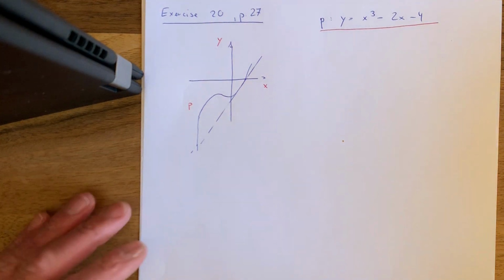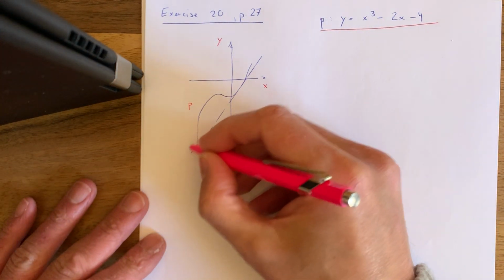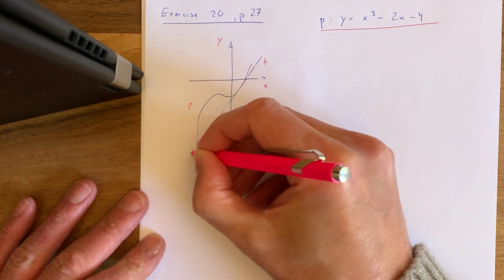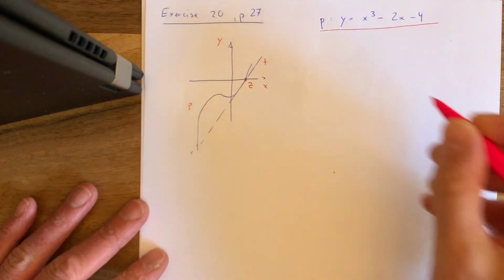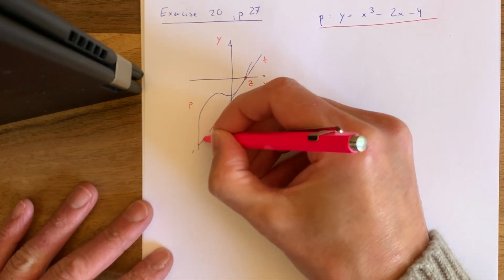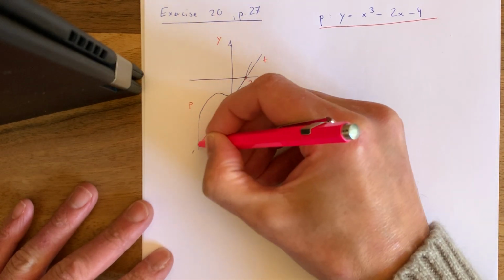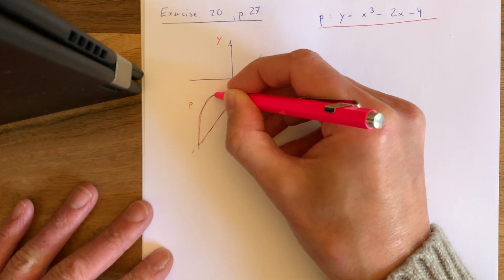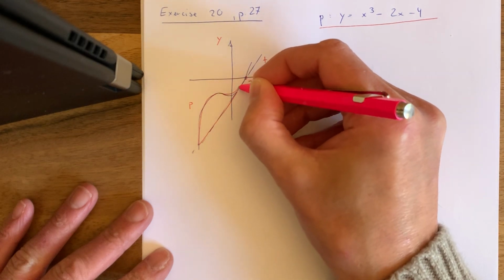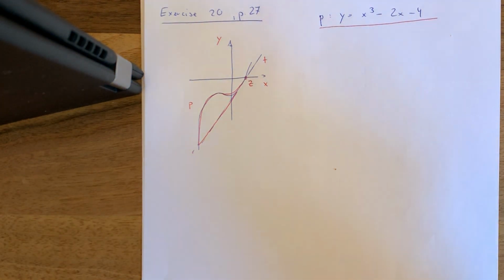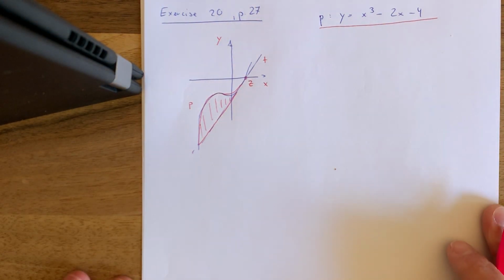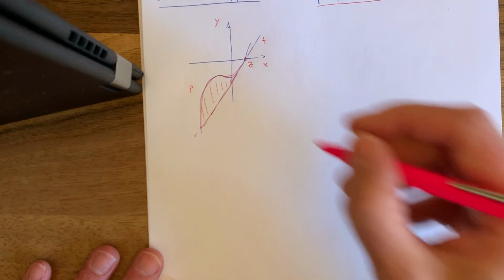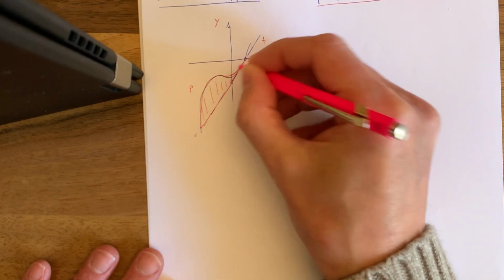So you see here, I've already drawn the tangent through the zero. There's the zero. And then we consider the following area. This. So that's the area enclosed by the polynomial and that tangent. And if you look at the picture here, I know my picture isn't that good, however, it should be good enough.